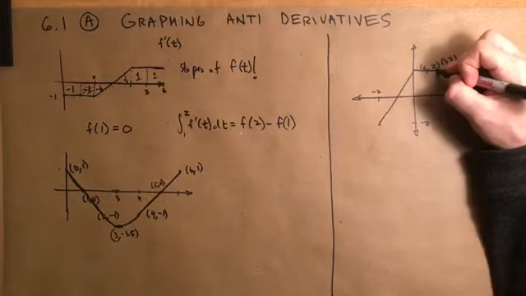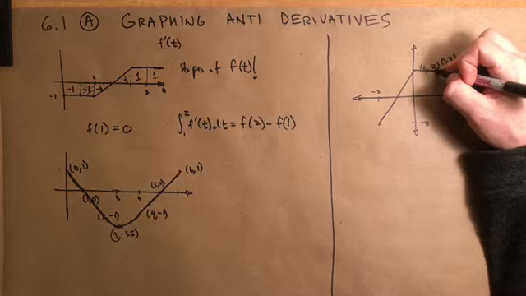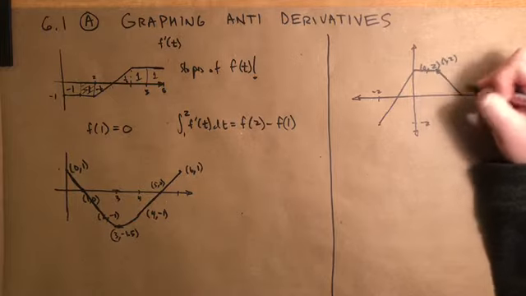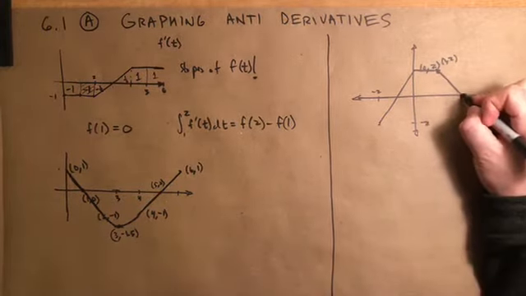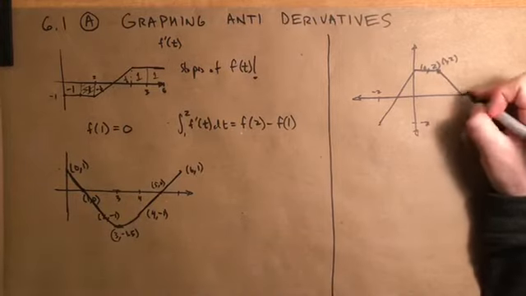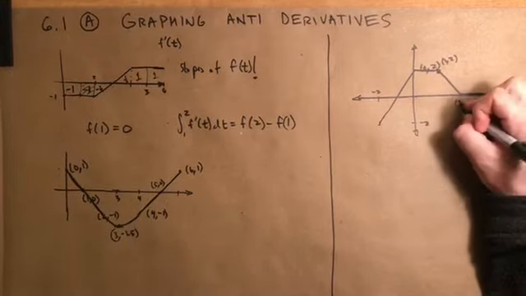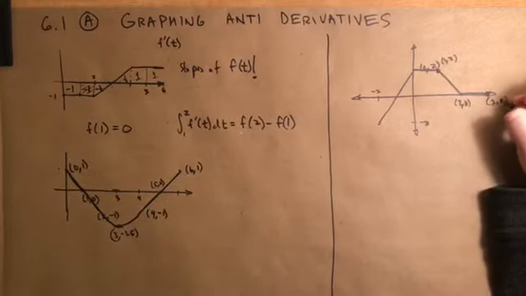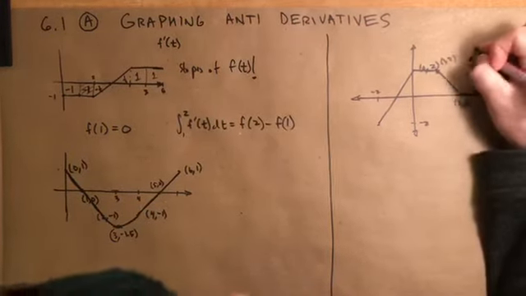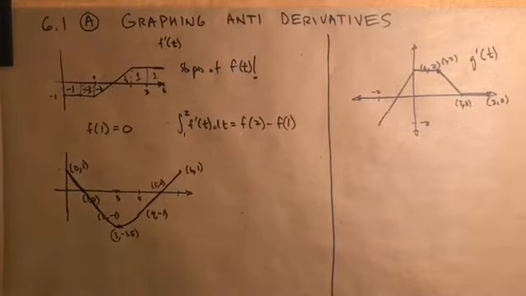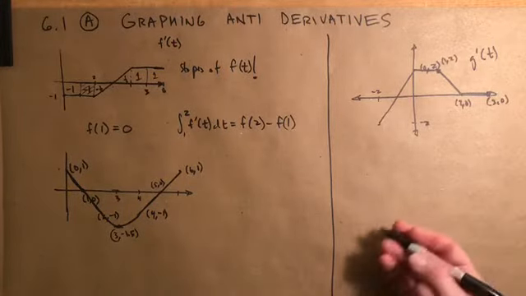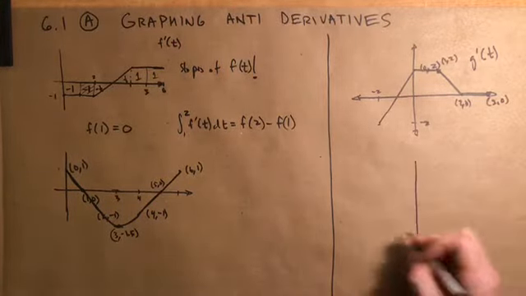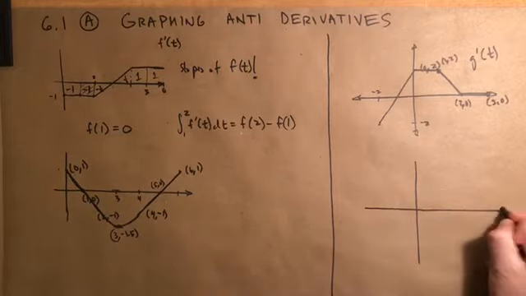And then let's go down, and then let's just stay horizontal. So we'll have the point here at 2, 0, and let's say 3, 0. Let's call this g prime of t, the slopes of g of t, which I'm going to graph right here.